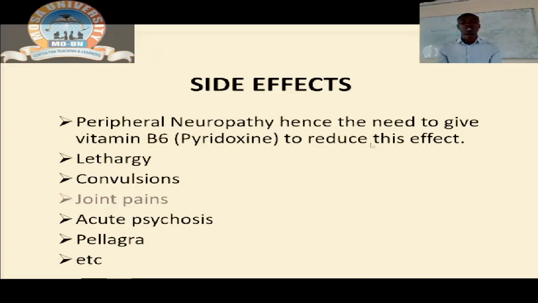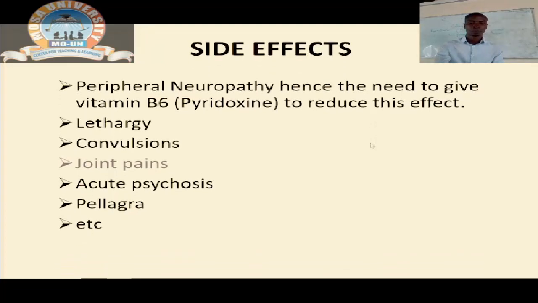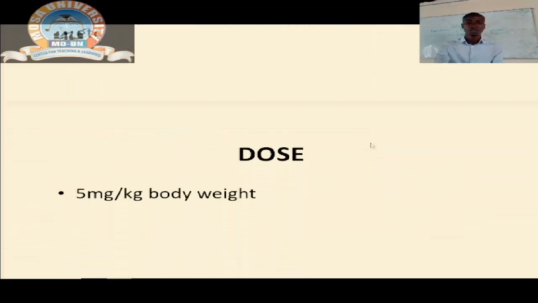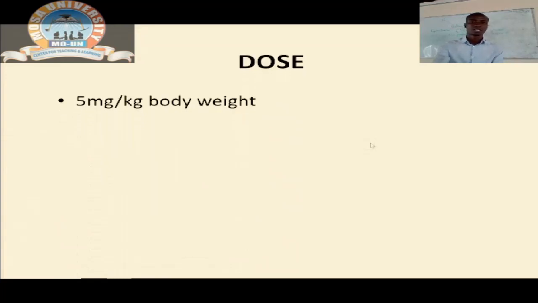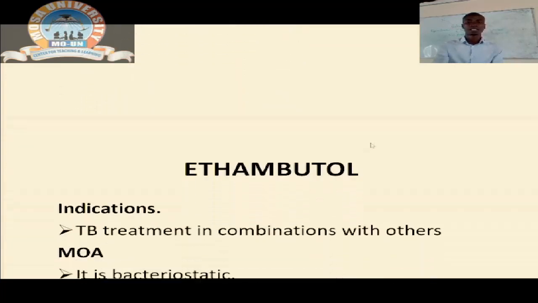The client can experience convulsions when taking this drug. So those are some of the side effects of isoniazid. The dose of isoniazid is 5 milligrams per kg body weight. That's the dose for isoniazid.